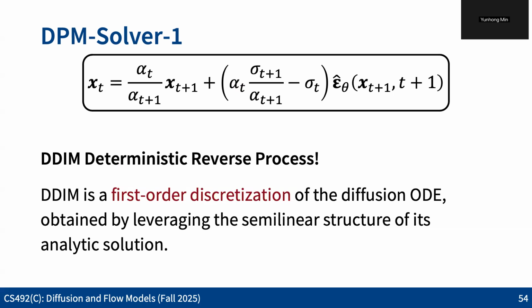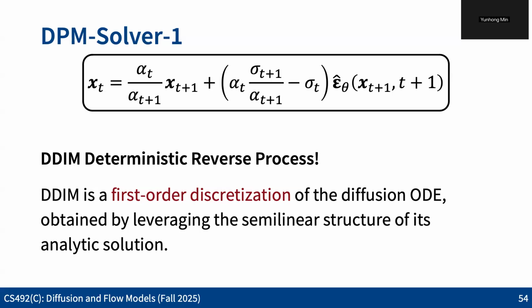But it does not directly discretize the entirety of the ODE; it leverages the semilinear structure, taking the exact solution for the linear part and only doing a first order approximation for the nonlinear part, which is the noise prediction part.